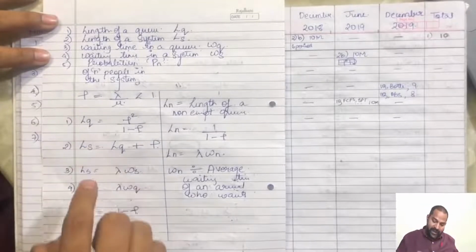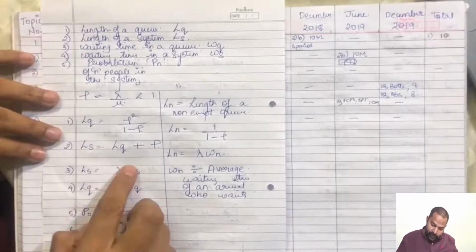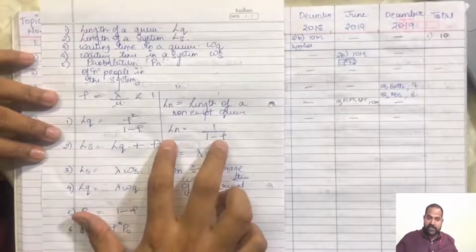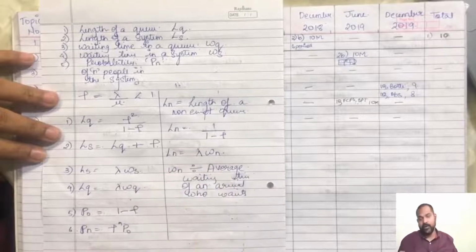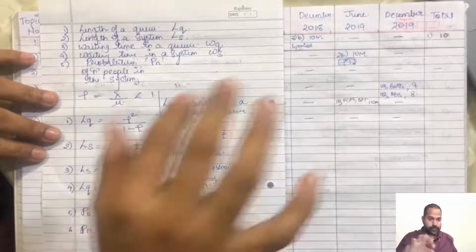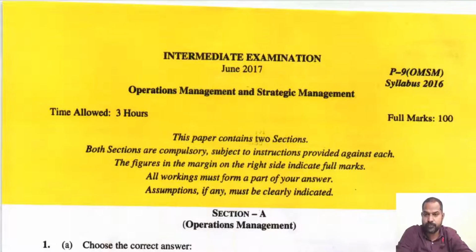Rho, LQ, LS, WS, WQ, probability of 0 people, probability of n people, average length of a non-empty queue, and waiting time of a person who waits. Let's begin.